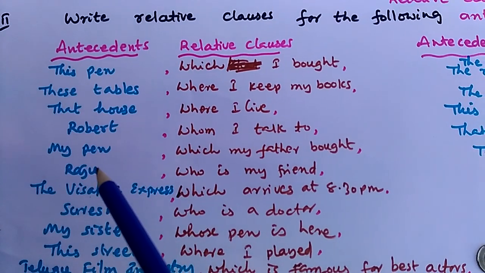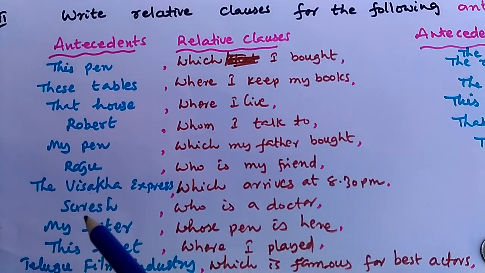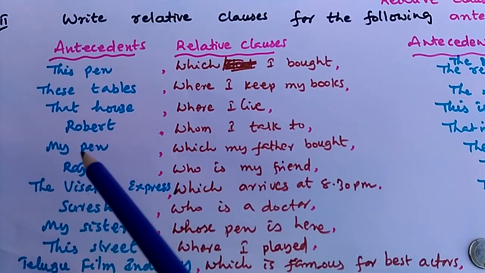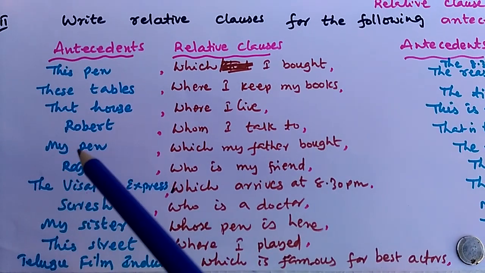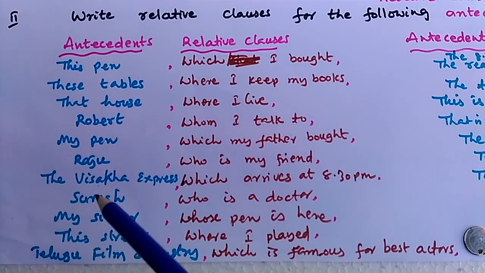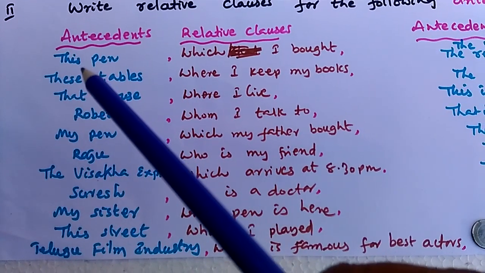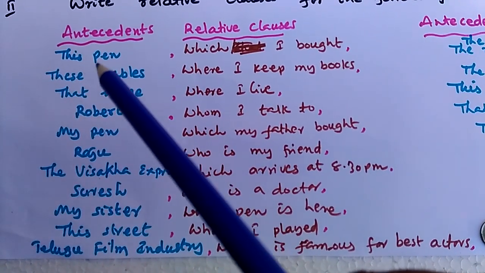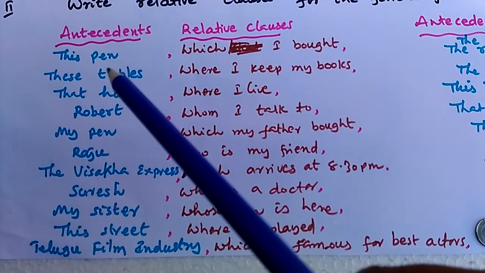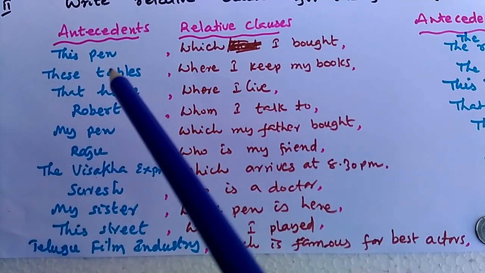Now let us see whether the antecedents are self-explanatory. That means whether these antecedents can easily be identified by themselves or not. Let us see. Antecedents. That means this pen. When we say this pen, that is the antecedent, we can easily identify which pen it is.